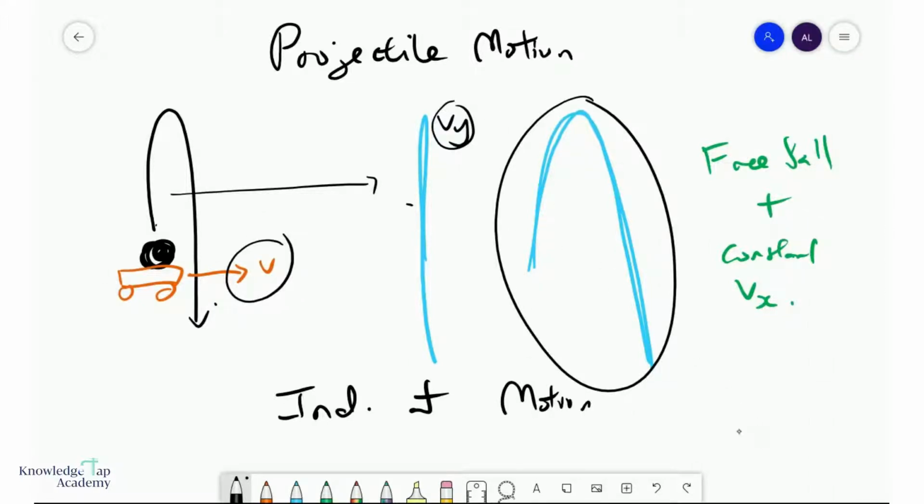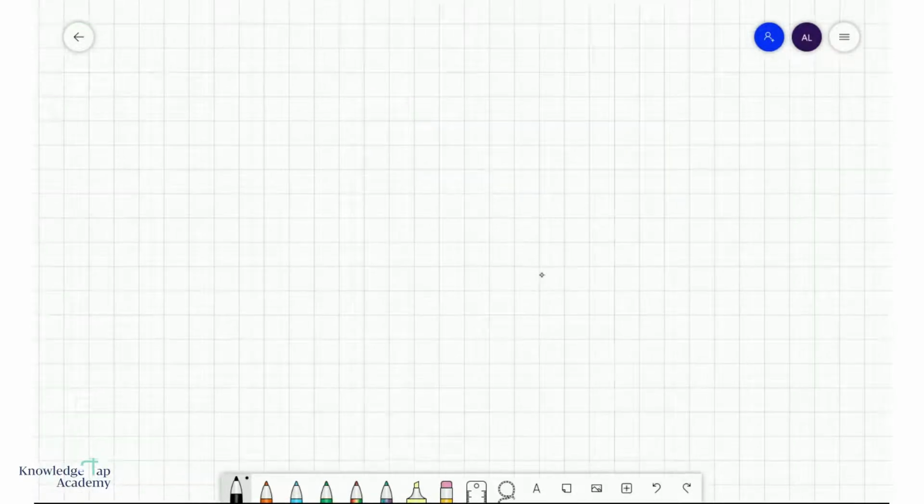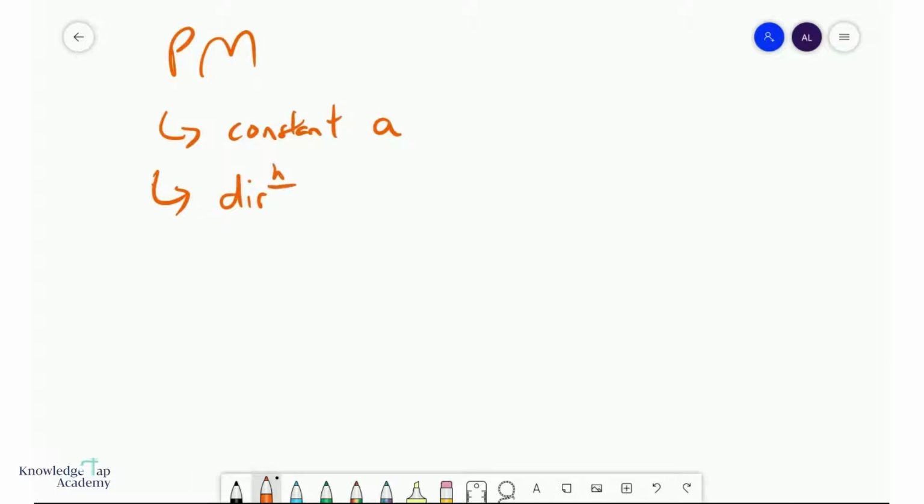So let's get a little bit more technical now. When we think about projectile motion, what are the conditions for projectile motion? Well, there has to be some constant acceleration, and you have to launch your object in a direction that is not parallel to this acceleration.